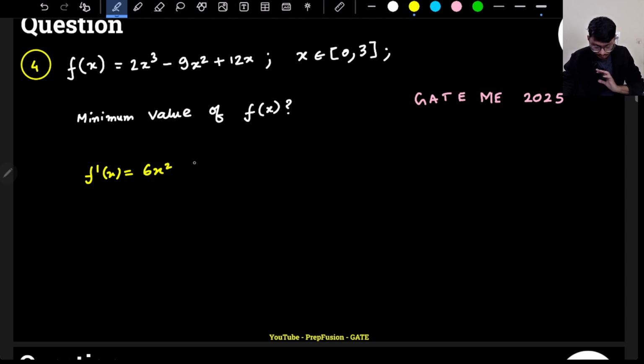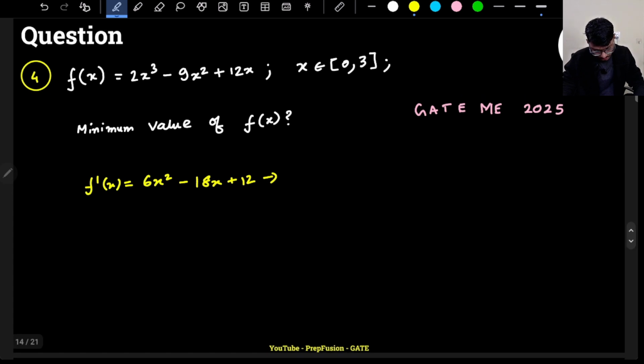Now I will equate this with 0. This will be x square minus 3x plus 2 equals 0, so (x minus 1)(x minus 2) equals 0. So x will be equal to 1, 2.